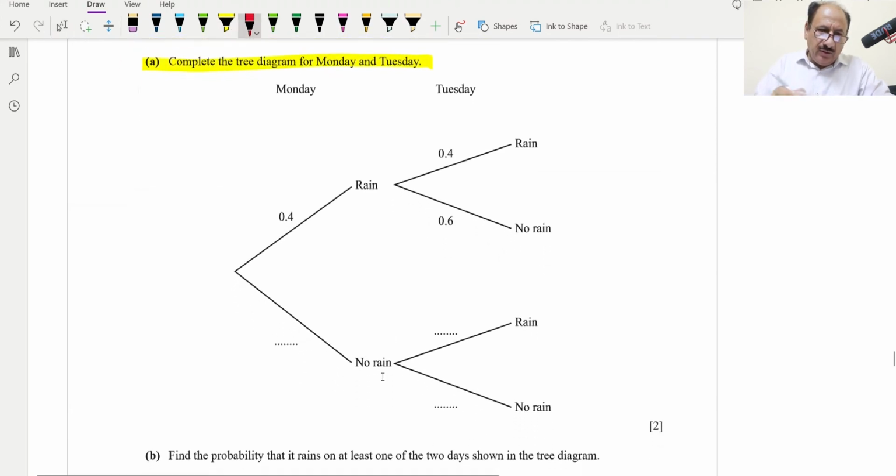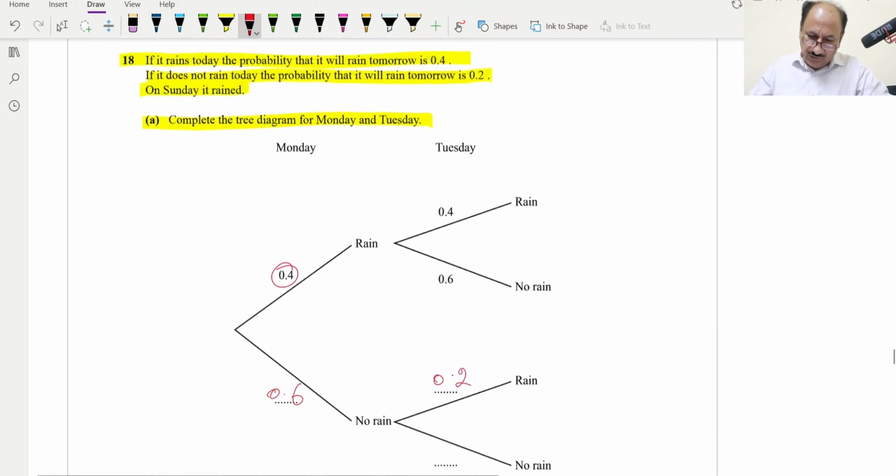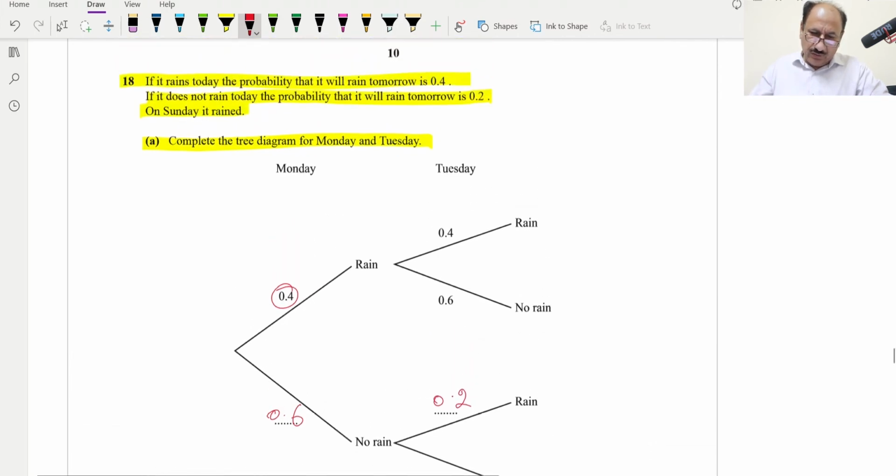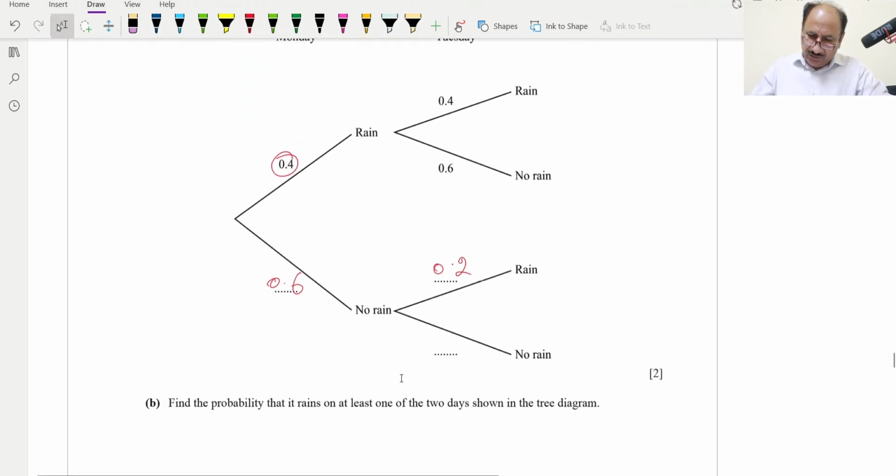So raining is 0.4, so the remaining will be 0.6, the probability of not raining, and this will be 0.2 because they have mentioned over here that if it is not raining today, then it will be 0.2, and the remaining will be 0.8 over here.